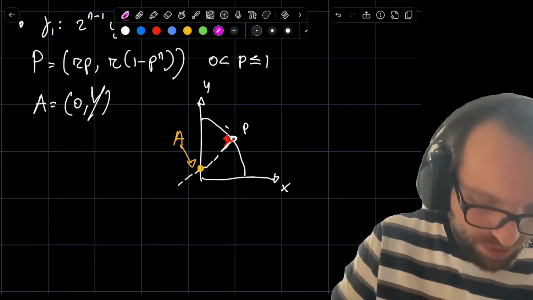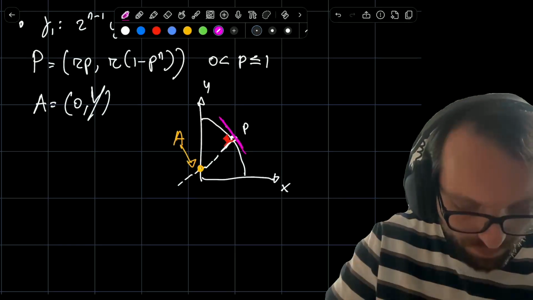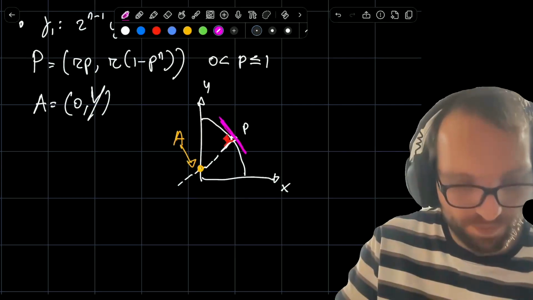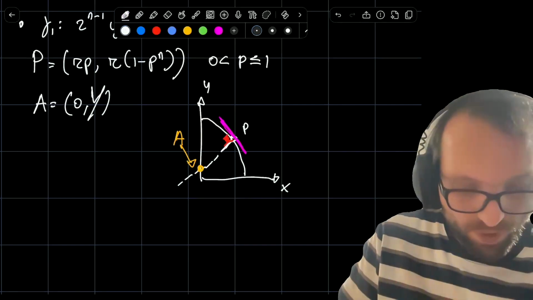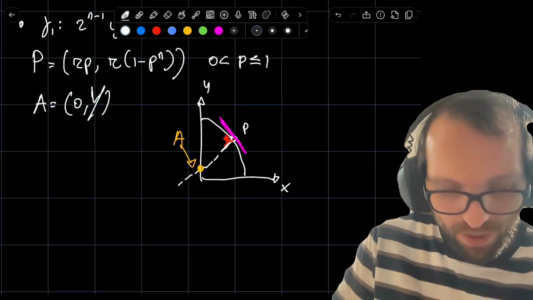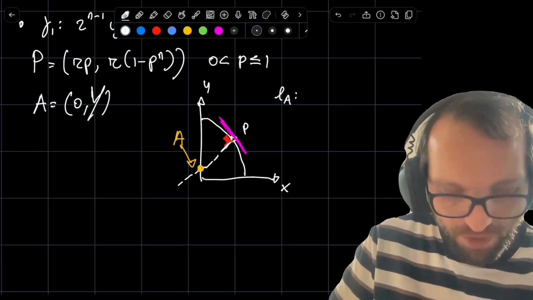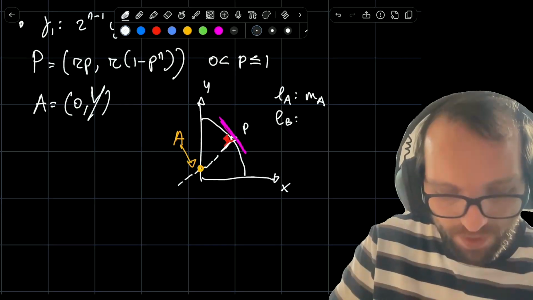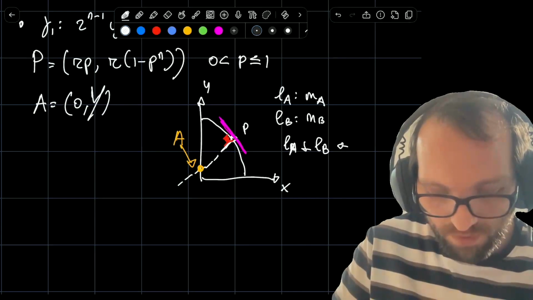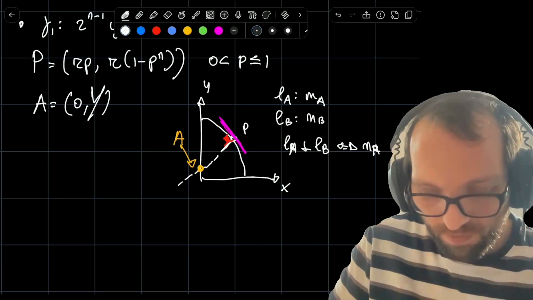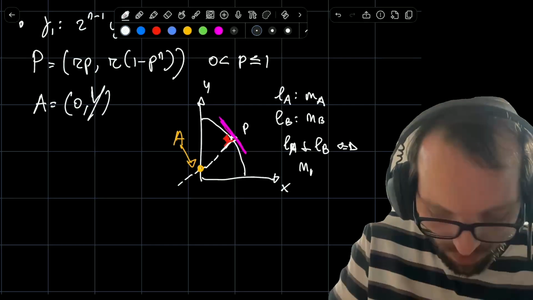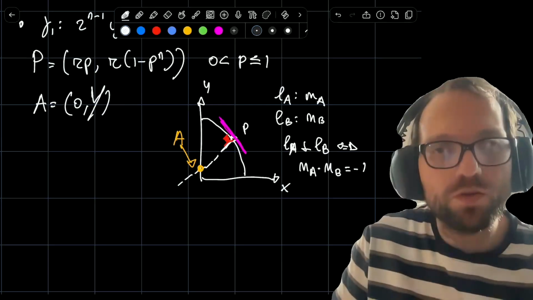What I'm going to do is take the derivative of the curve at that point, which is the slope of the line tangent to the curve in P, and I will use the property of the slopes of two perpendicular lines: if you have a line A with slope MA and a line B with slope MB, LA is perpendicular to LB if and only if the product between MA and MB is minus 1.